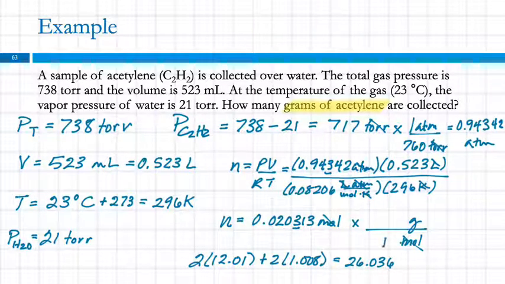So 1 mole of acetylene weighs 26.036 grams. 0.020313 times 26.036, 0.537 grams.